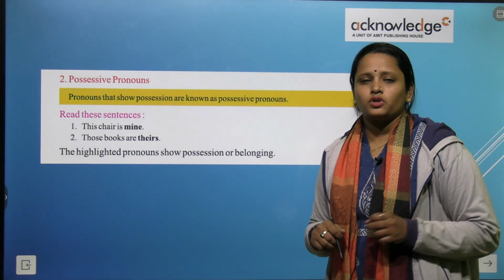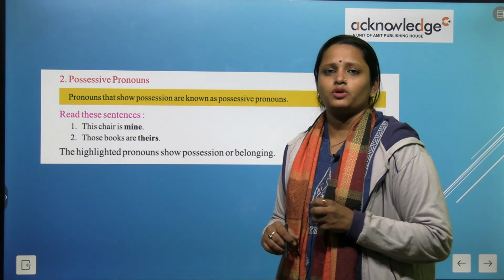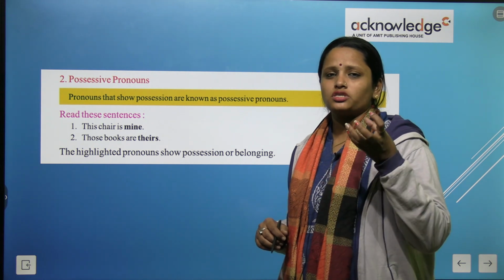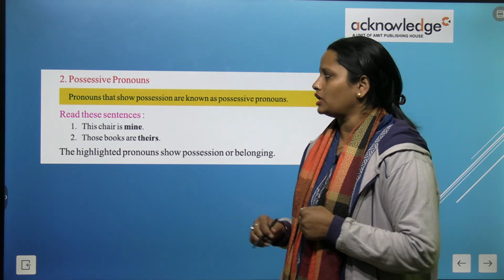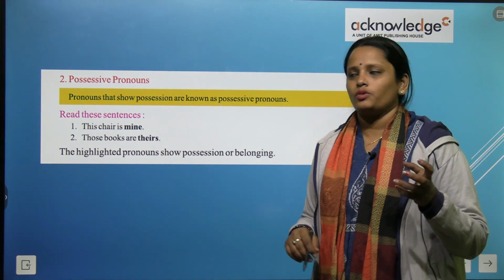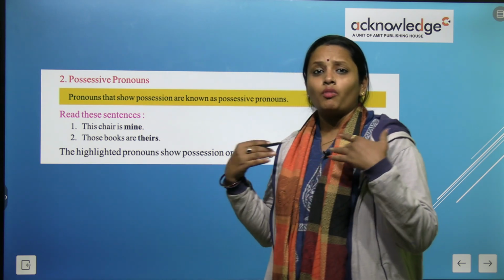Now, next pronoun that we are going to learn about is possessive pronoun. Possessive pronoun क्या होते हैं? वो pronoun होते हैं जो किसी चीज का possession बताते हैं, belonging बताते हैं. So pronouns that show possession are called possessive pronouns. जैसे कि for example, the chair is mine.